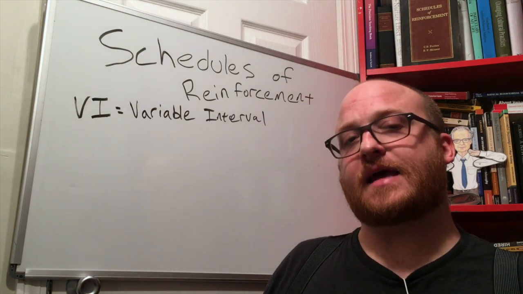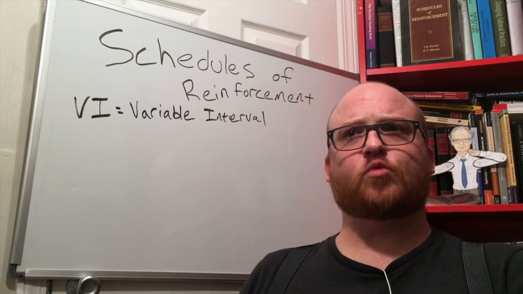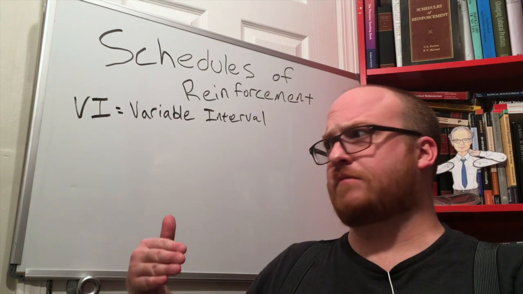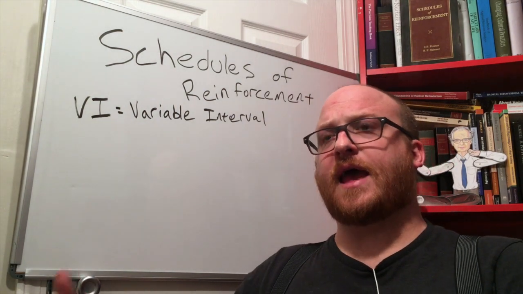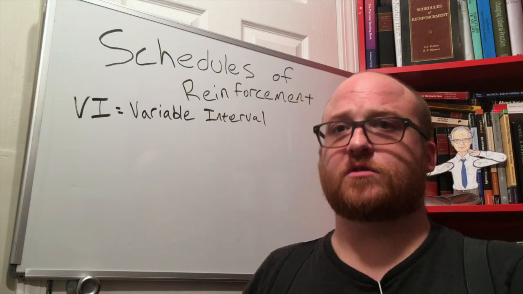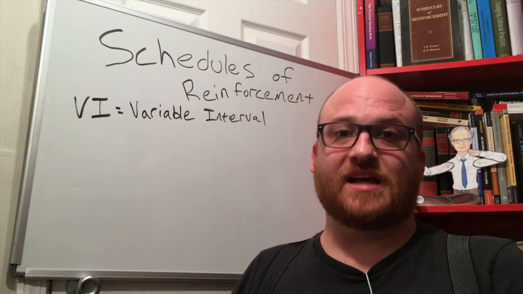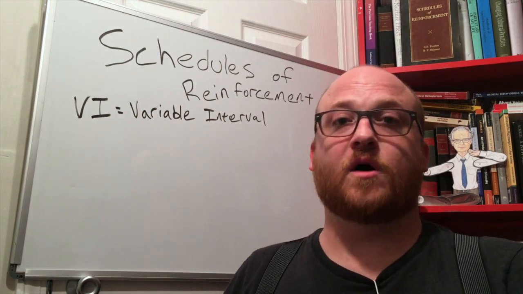It's not fixed as with an FI. So what happens here, anywhere between a millisecond and 1,000 years from now, behaviors after that interval can be consequated with reinforcement. The way you denote it, let's say we had a VI 1 minute.